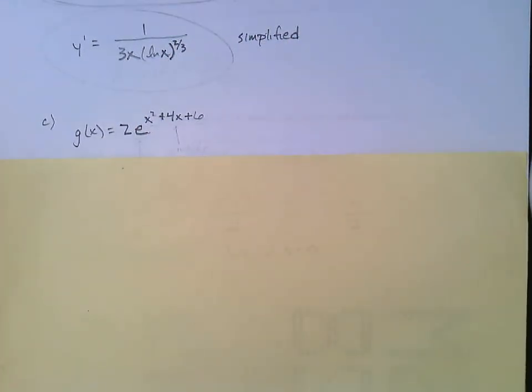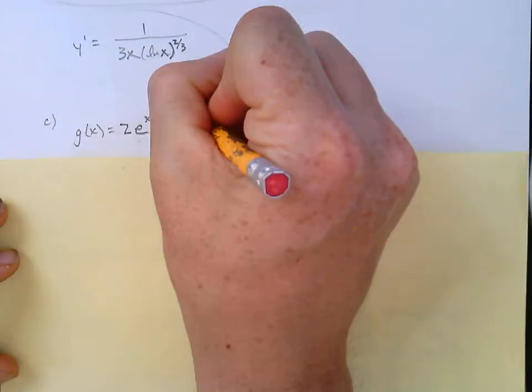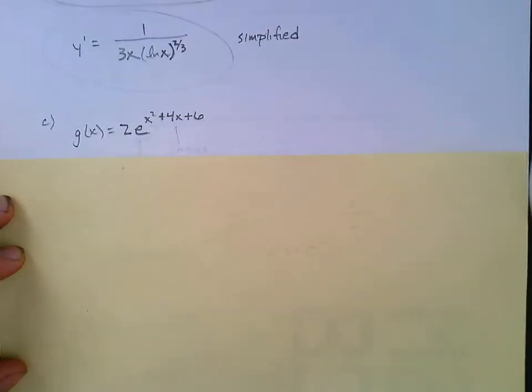And we are supposed to identify first the inside and the outside. Turns out there's really no way to rewrite this like we did part B. So we kind of think, well, I don't see any parentheses there like those other problems. So what's the inside and what's the outside? And this one can be kind of tough for students.